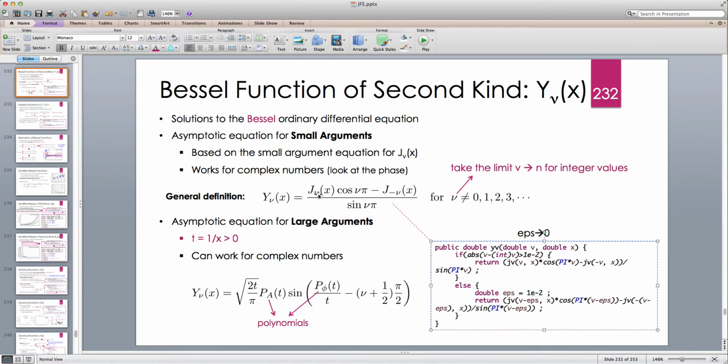So instead of evaluating at 2, I evaluate at 1.99, which always gives a good approximation of Y2. So Y1.99 is a good approximation of Y2. The error is very small. So I calculate the right-hand side for integer nu all at nu minus epsilon: cosine of (nu minus epsilon) times pi, minus Jnu at minus (nu minus epsilon), divided by sine of pi times (nu minus epsilon). All right.